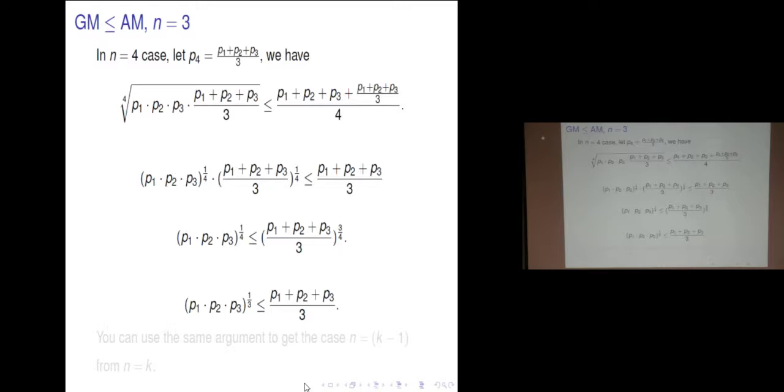So this is the argument from 4 to 3. Now this is not a mathematical class, so I'll just say you can do the same argument to get the case k minus 1 from the case n equals k. Here I go from 4 to 3. The same argument goes from 8 to 7 and 7 to 6, and you can do the same trick. It's a good exercise for you to try.